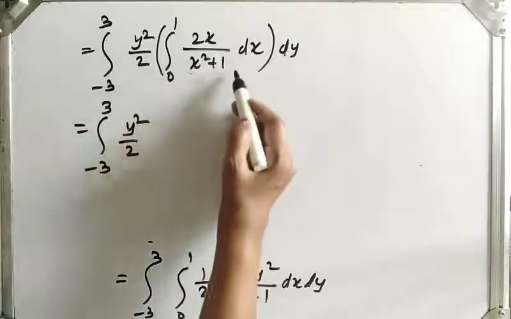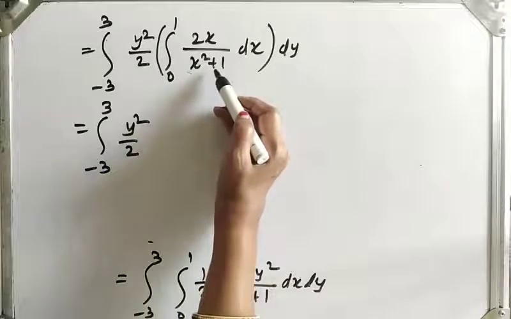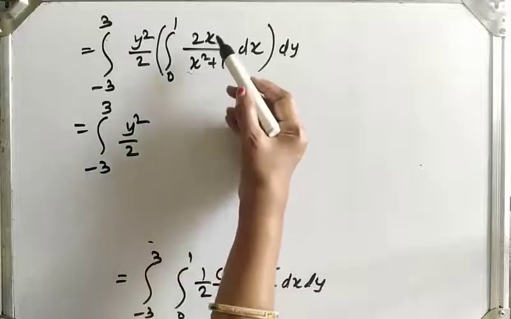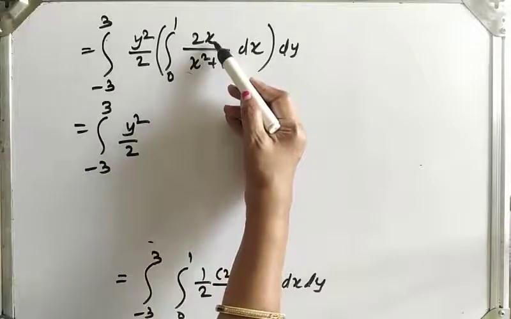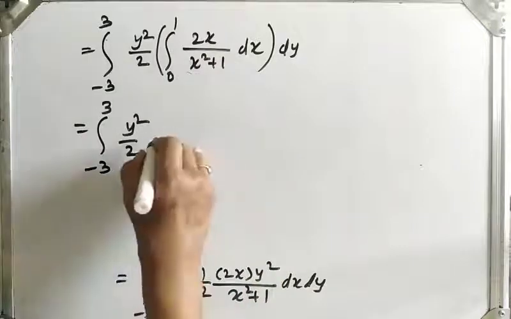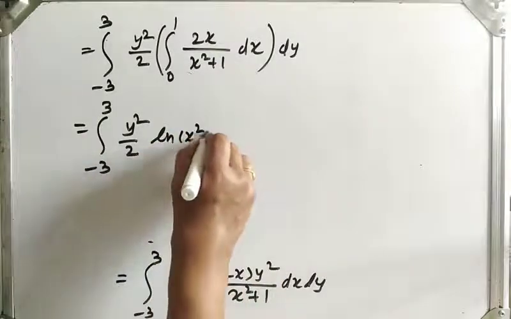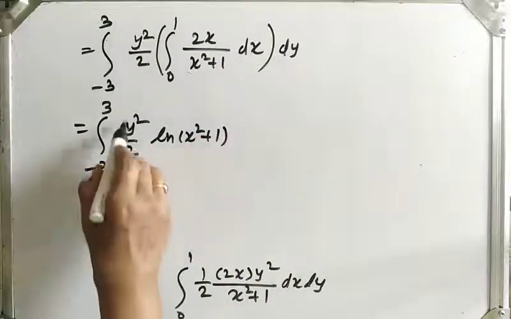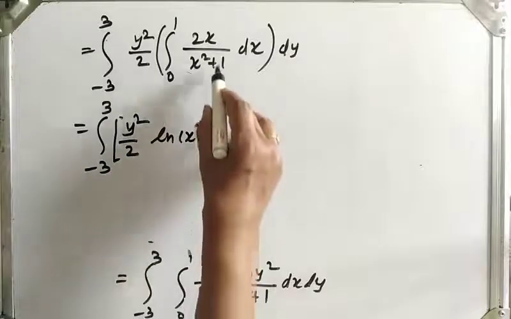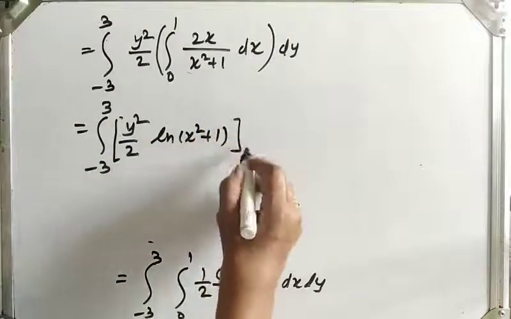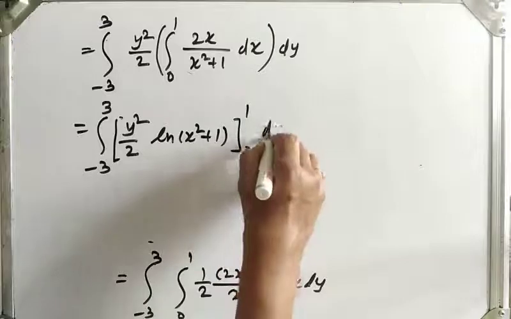Now x square plus 1 is in the denominator and its derivative is present in the numerator. So its integration will be log of x square plus 1, and its limits will be from 0 to 1.